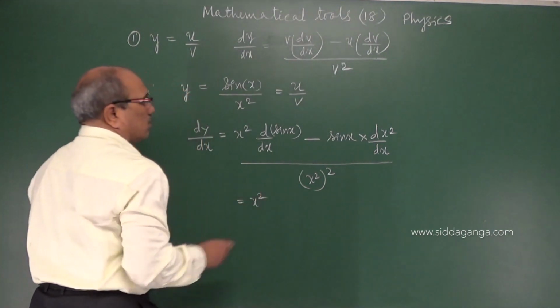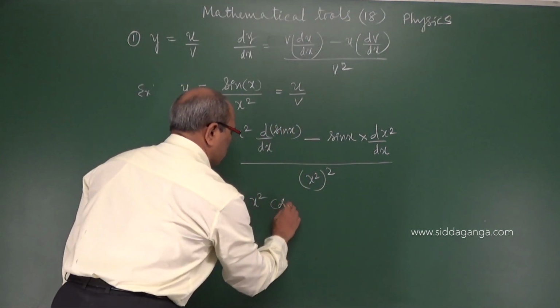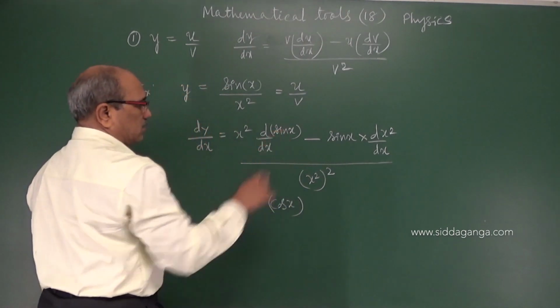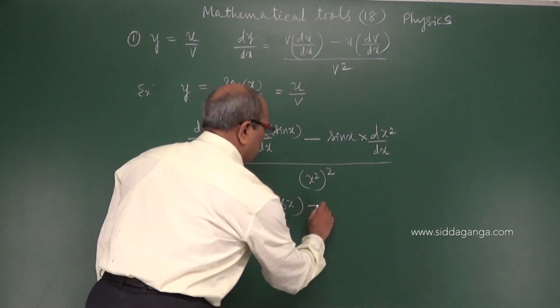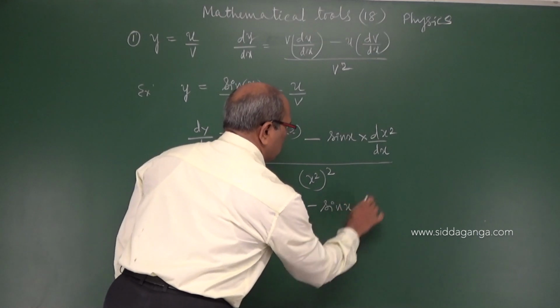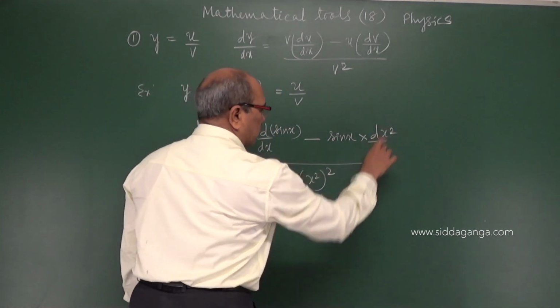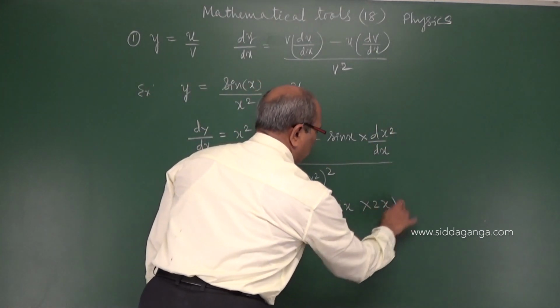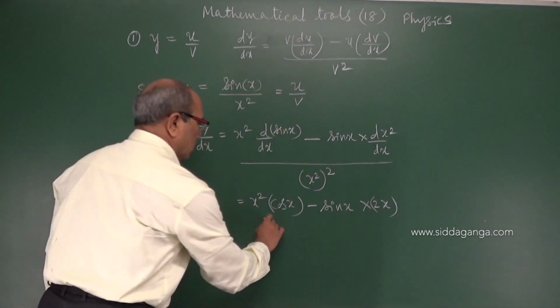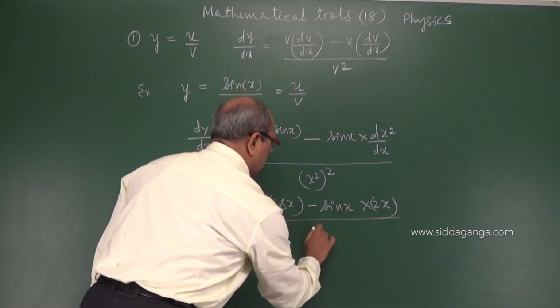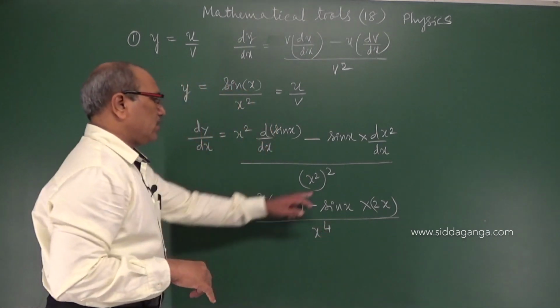You know the differentiation of sin x is cos x. So it is cos x minus sin x into the derivative of x square, which is 2 into x, divided by x power 4.